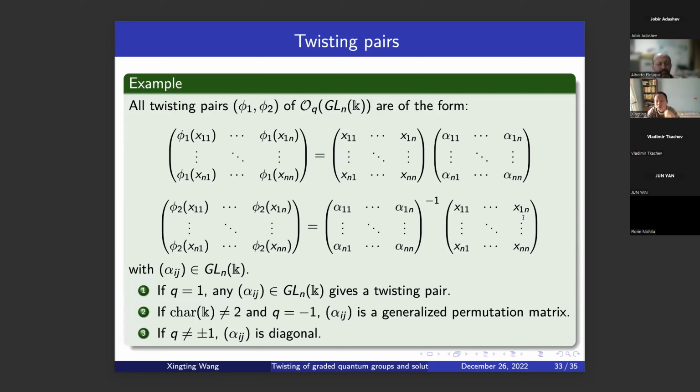If Q is 1, you get the commutative case, then you can take any arbitrary alpha ij. When the characteristic is not 2 and Q is -1, you have a generalized permutation matrix. But if Q is not 1 or -1, the matrix has to be diagonal, meaning there is almost no non-trivial twisting other than scaling the variables in a very, very mild way.